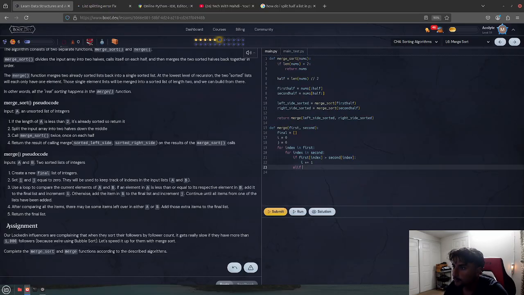Whatever. First index is less than second index.